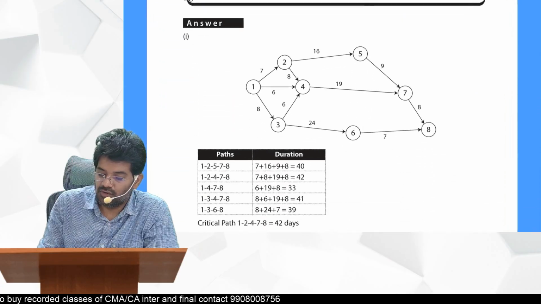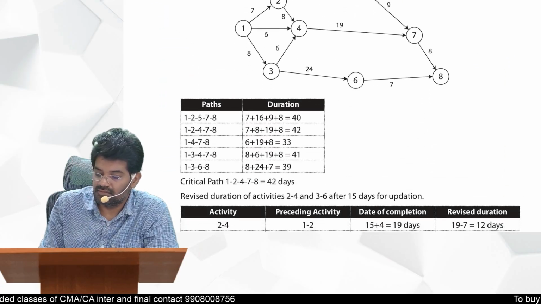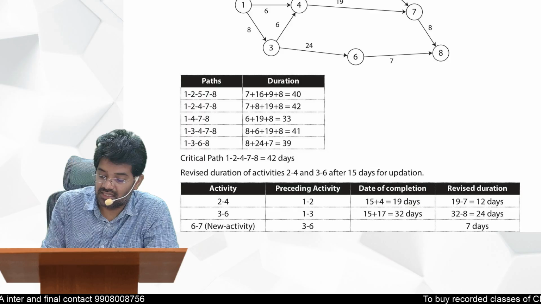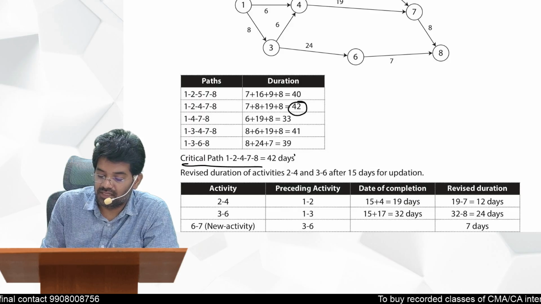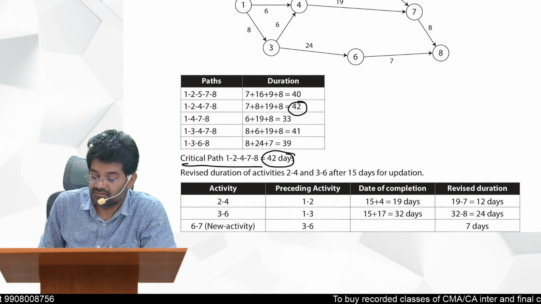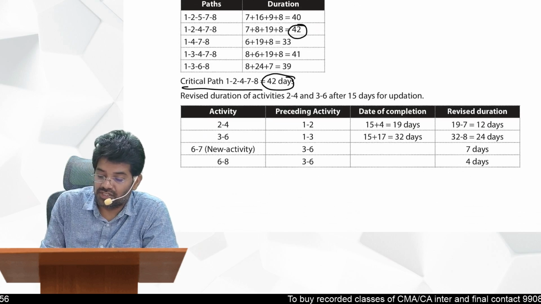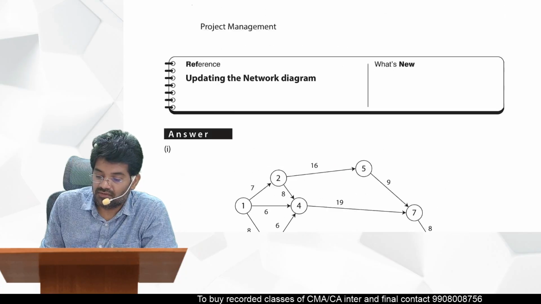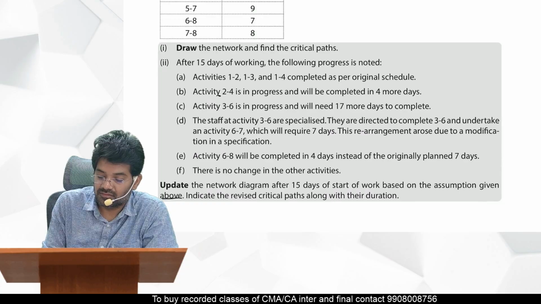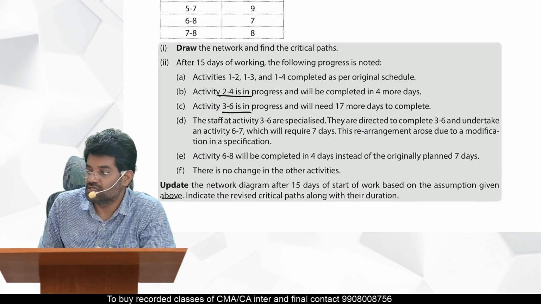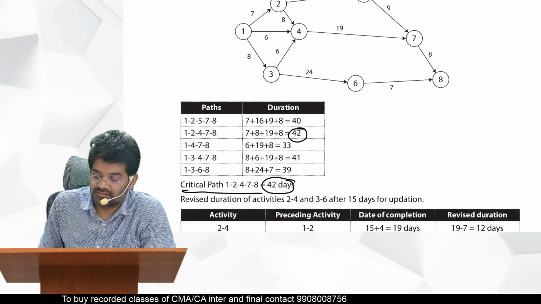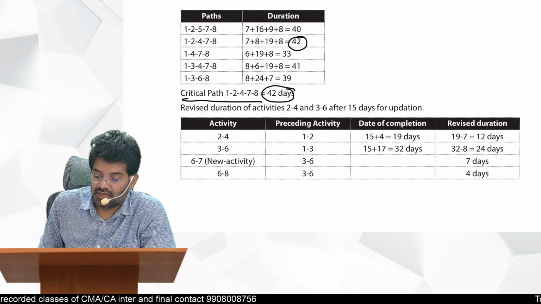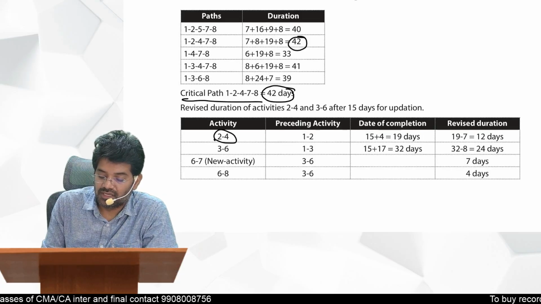So first, this is the original network diagram. All the paths are listed here, the highest is 42. So the critical path is 42 days. Now what is the revised duration? Which activities are they talking about now? 2 to 4 in progress, 3 to 6 also in progress. Revised 2 to 4, 3 to 6.